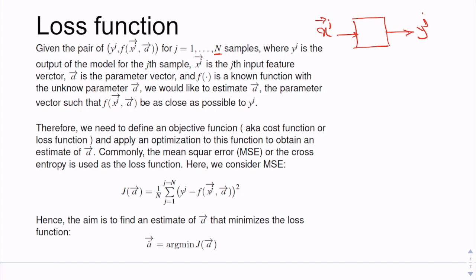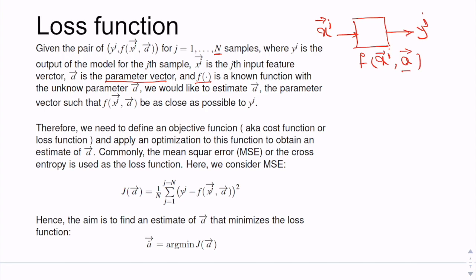So the goal for the classifier is to design a function whose input is this vector, and this function has some parameters. We call them A. It's a vector, and this vector represents all parameters in this function. So A is usually called the parameter vector, and f is a known function.